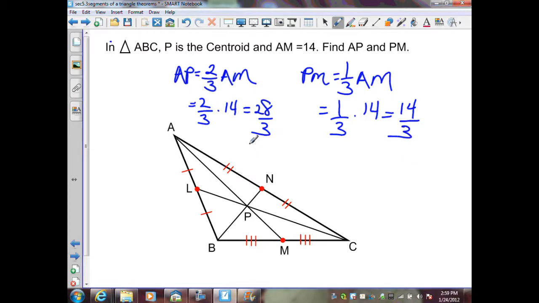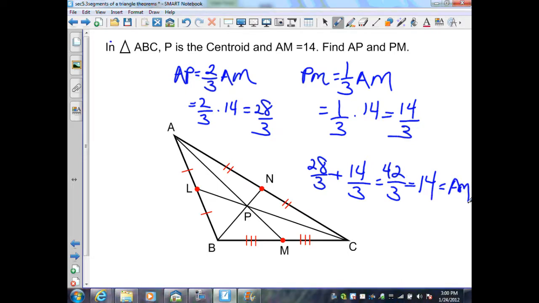To verify that, all I need to do is add these two lengths together, 28/3 plus 14/3. When I combine those, I have a common denominator already. That's going to give me 42/3. And when I simplify that, that's going to give me 14. And that is the length of AM. Therefore, that verifies this problem and theorem 5.8.